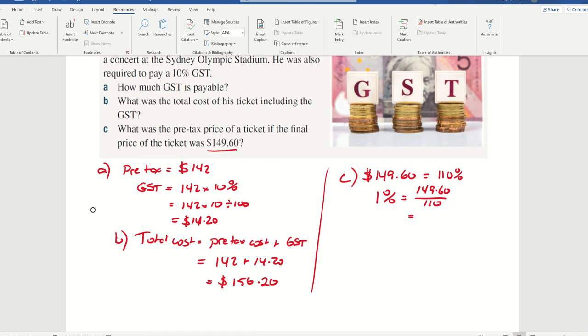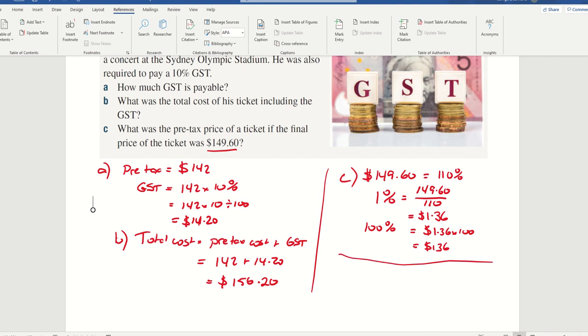If we do that, then our 1% is $1.36. And so 100%, which is our price before, is $1.36 times 100 equals $136.